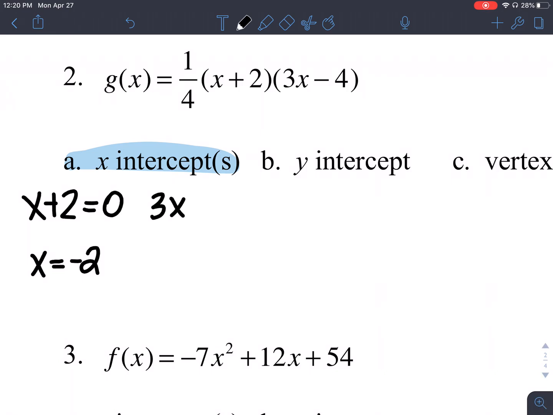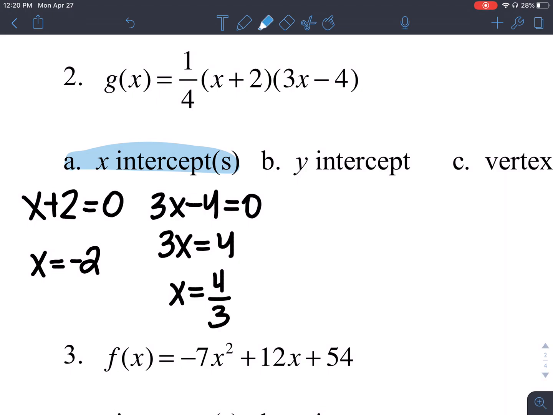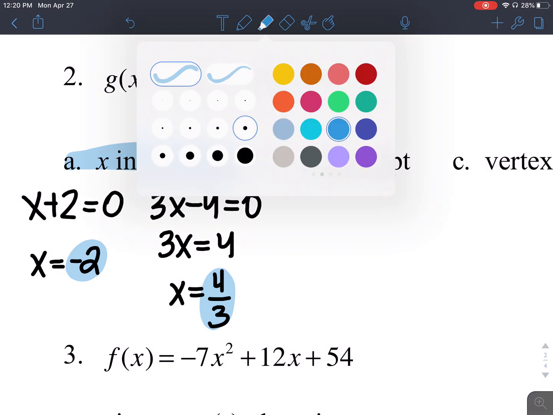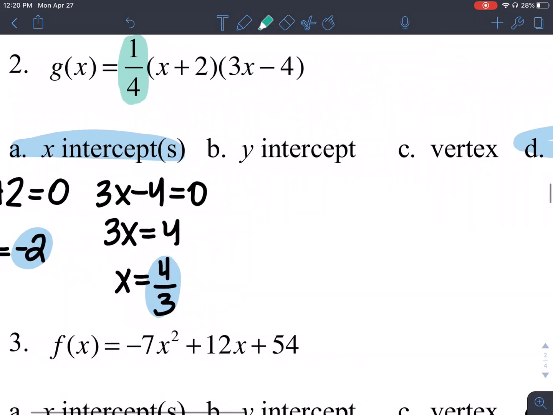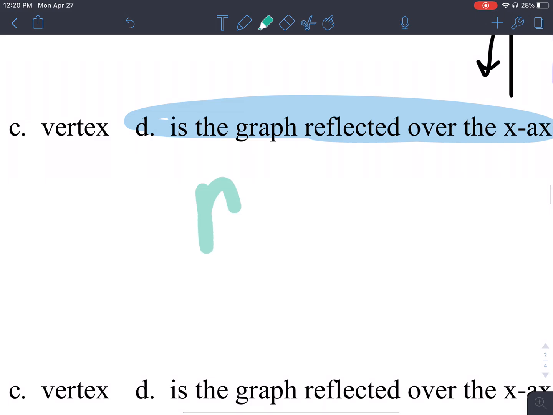The other one is a little trickier, which is actually why I did it. So I'm going to add 4 to both sides and then divide by 4. So those are my two x-intercepts. Then to tell if it's reflected, I look again at that leading coefficient is 1/4. That's positive, so the graph is not reflected.